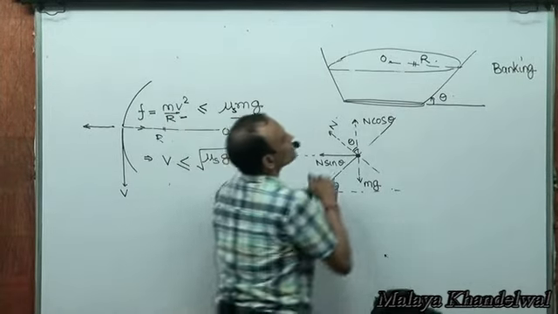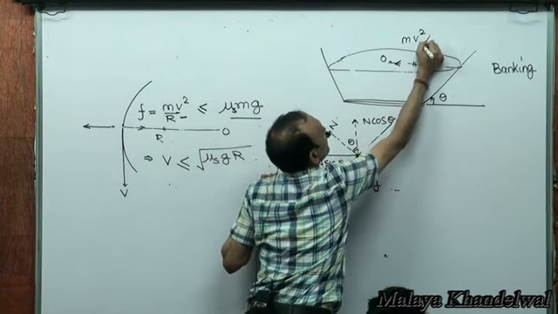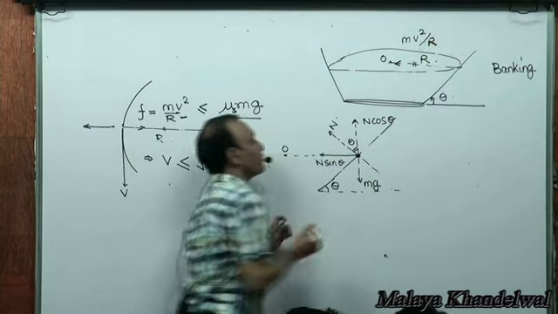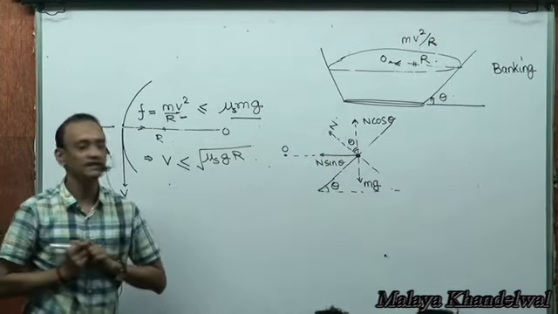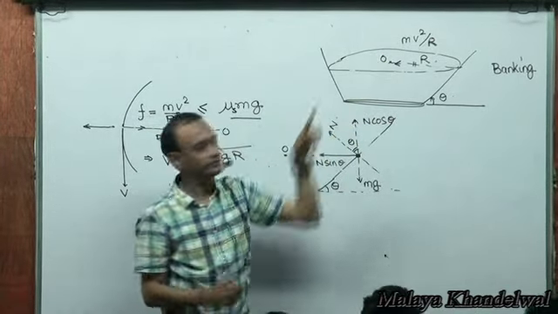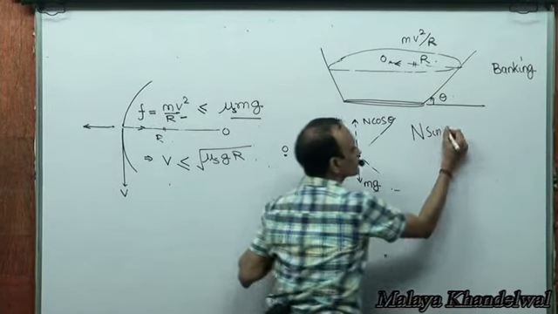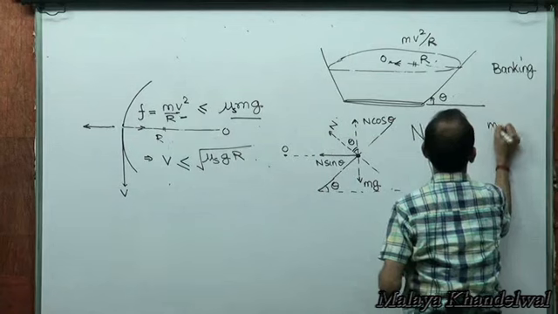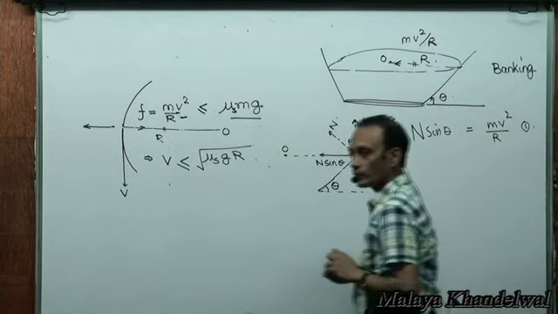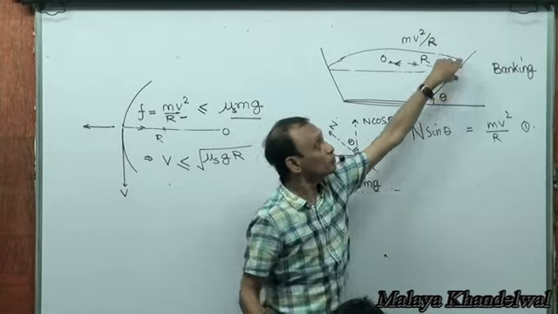So, how much centripetal force do I need? I need centripetal force directed towards O, mv squared by r. And who am I counting on to provide this? N sin theta, right? So, N sin theta provides this mv squared by r. And you don't want to fall down.